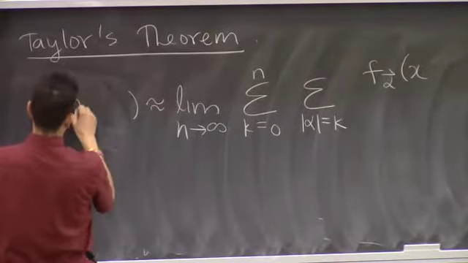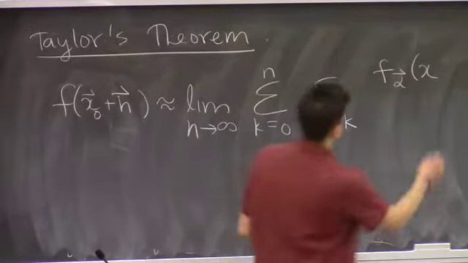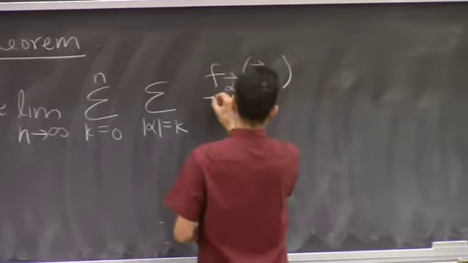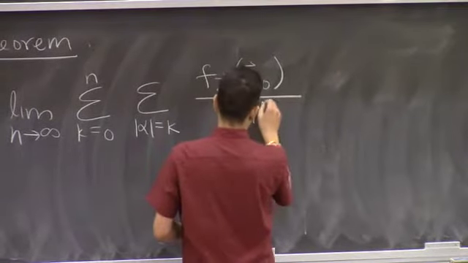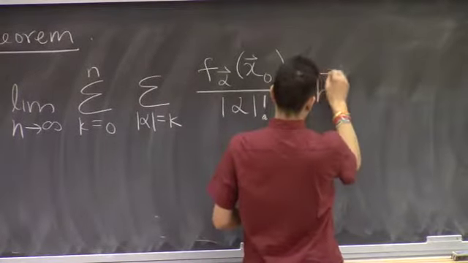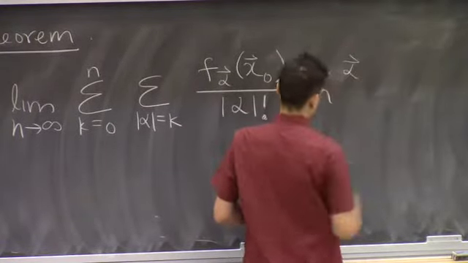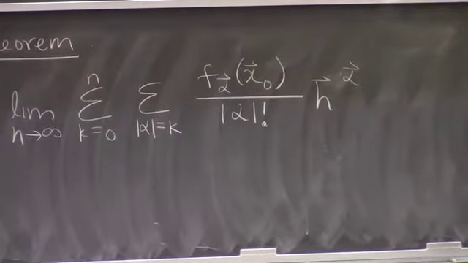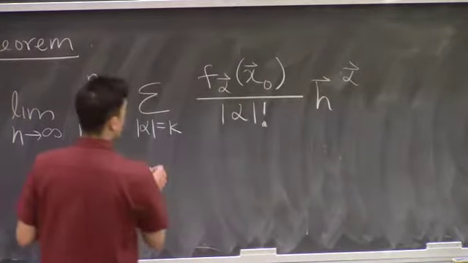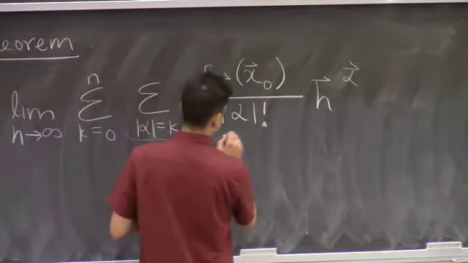Sorry, to put things in the same notation as the one variable case, we've got x0 plus h. And then we get this. Okay, so this is the sum over all possible derivatives.